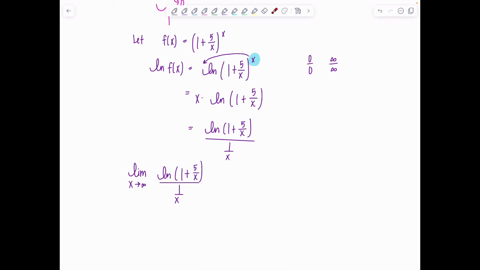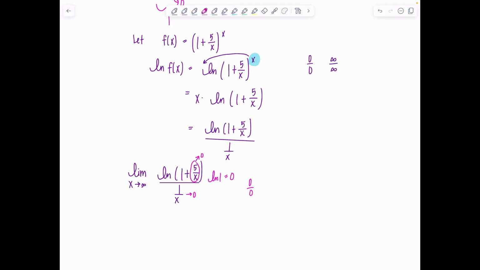If you do L'Hopital's rule when you don't have one of those two types, it will not work out for you. So it's not a pointless exercise to check. All right, let's see. So x is going to infinity, 5 over x, we know that's going to 0. So the numerator is going to natural log of 1, that's 0. And then 1 over x, yeah, that's going to 0.